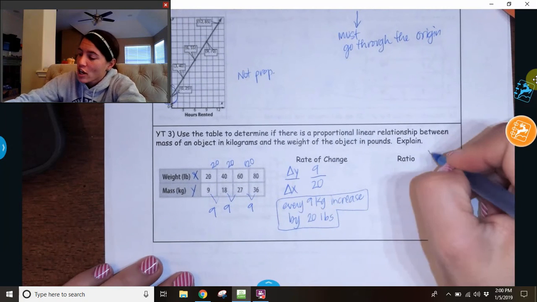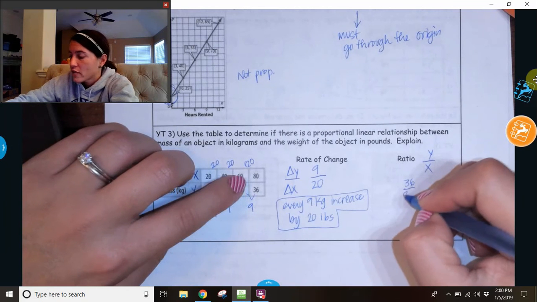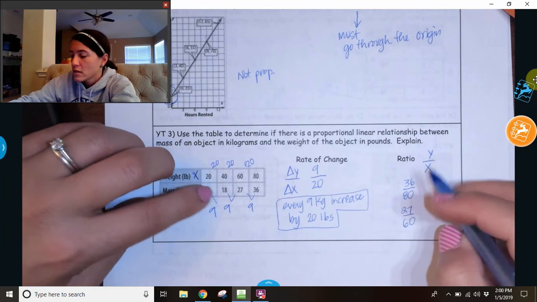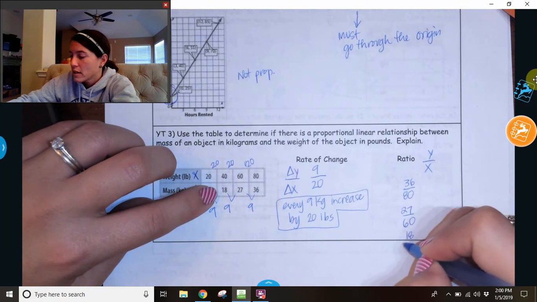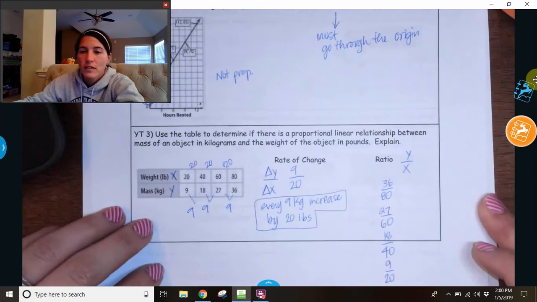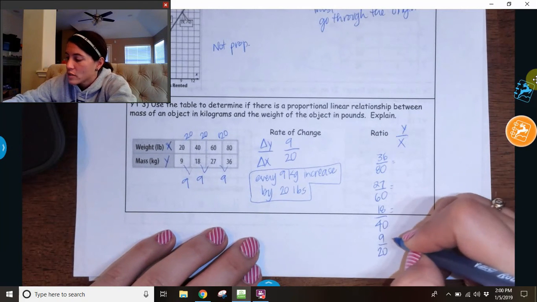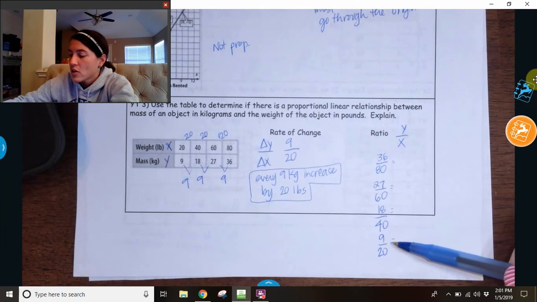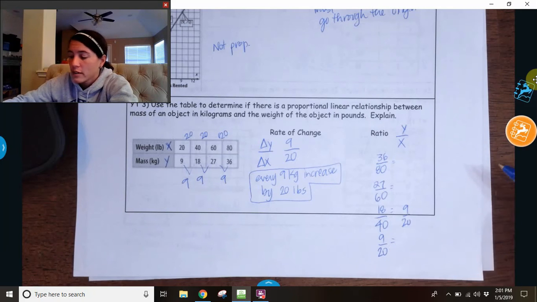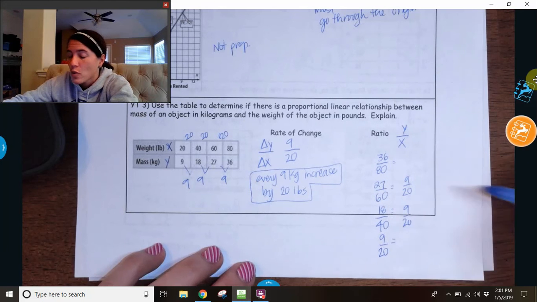So now let's just check our ratios, y over x. So 36 over 80, 27 over 60, 18 over 40, and 9 over 20. So I'm going to check my ratios. I'm going to see, can I reduce? I can't reduce 9 over 20, but I can reduce this to 9 over 20 because I can divide them both by 2. I can divide these by 3 and I get 9 over 20.